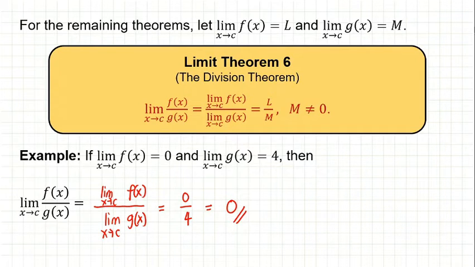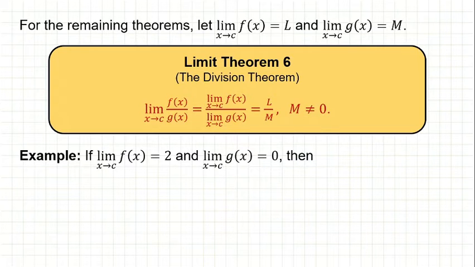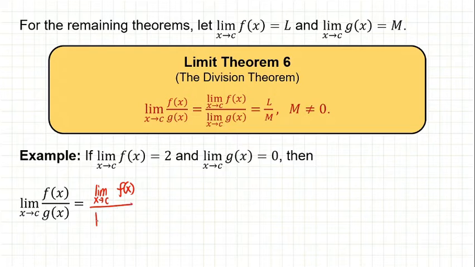Okay, another one, the last example. Suppose we have limit of f of x as x approaches c equal to 2, and for g of x we have 0. Then we have, for this one, limit of f of x as x approaches c over limit of g of x as x approaches c. And this will be equal to 2 over 0. And we know that this expression does not exist or is undefined.